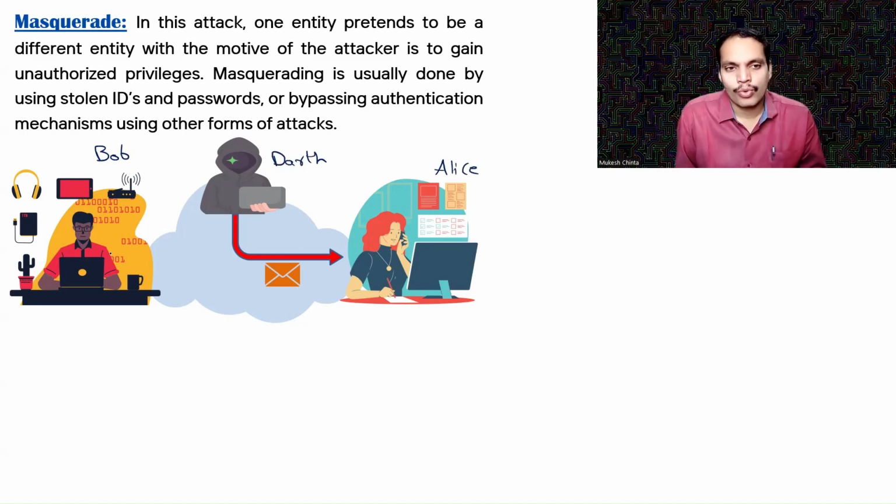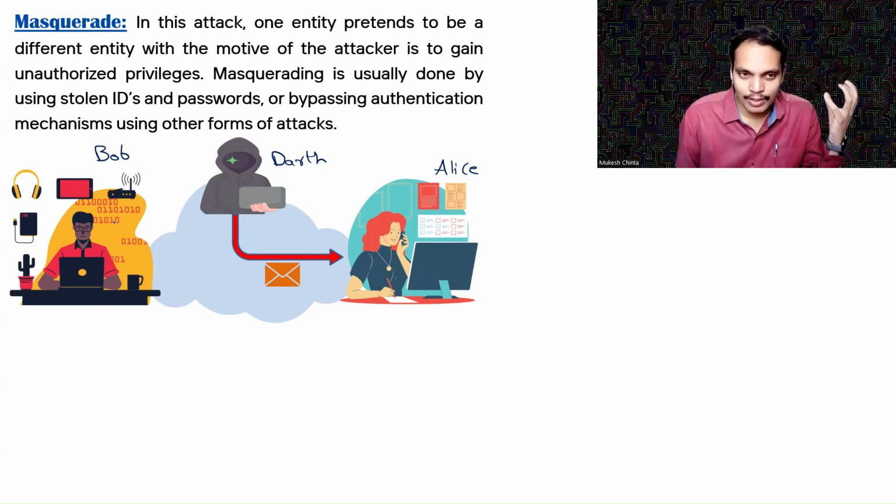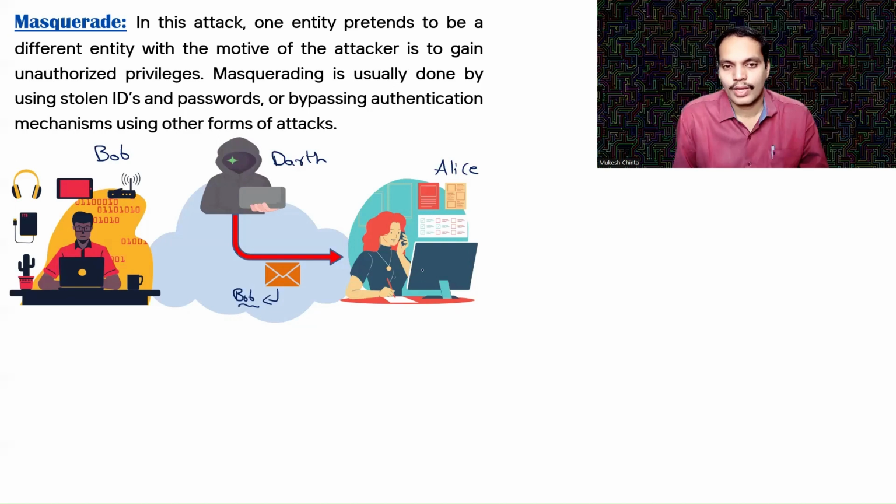Bob is the one who communicates with Alice. Maybe Darth, after performing a traffic analysis, now knows the time that Bob usually communicates with Alice, and now sends a message to Alice, which Alice will think originated from Bob. Are you getting it? Darth is pretending to be Bob and sending a message to Alice here.